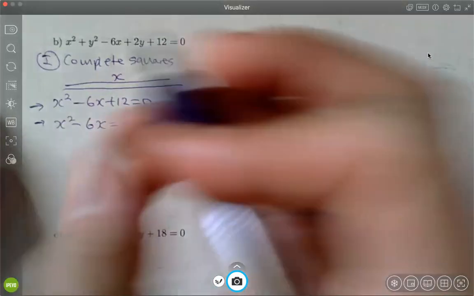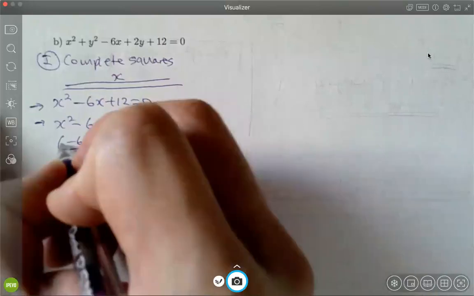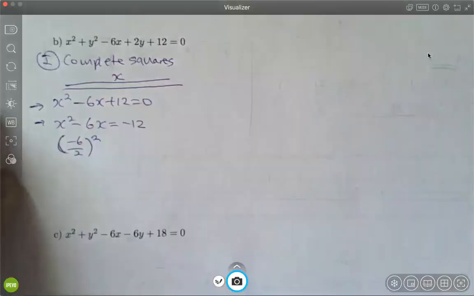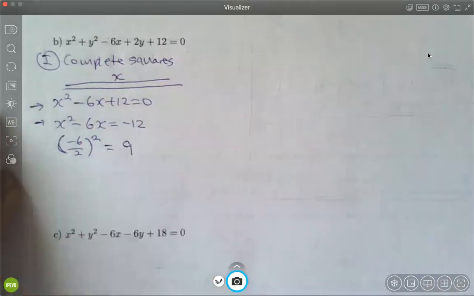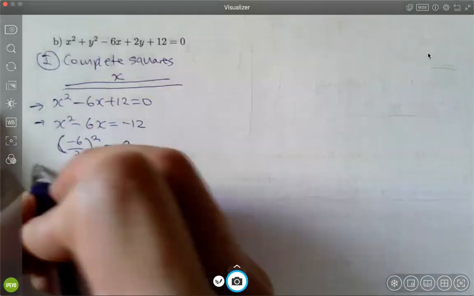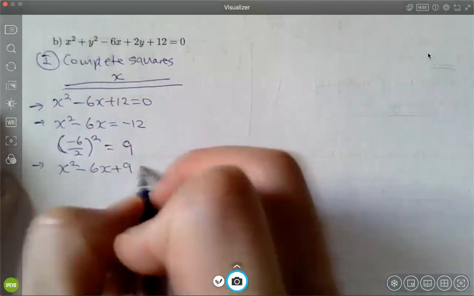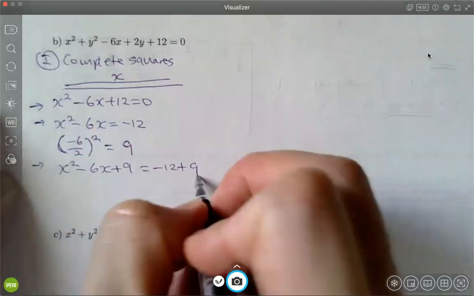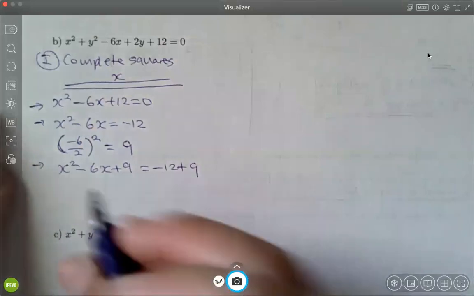And then what do we do? Divide the coefficient of x by 2 and then square it. So what is this number? +9, right? Okay, and then you add it to each side. So x squared minus 6x plus 9, and then -12 plus 9. And now, can you factor the left-hand side?